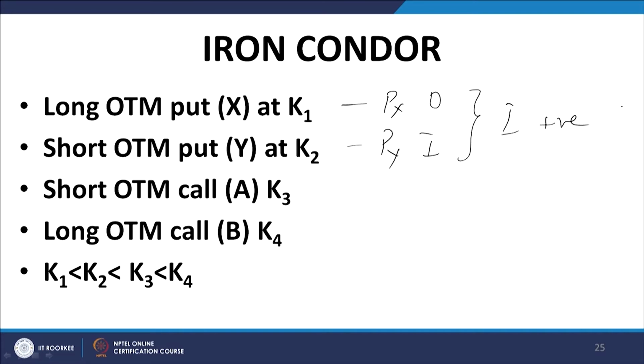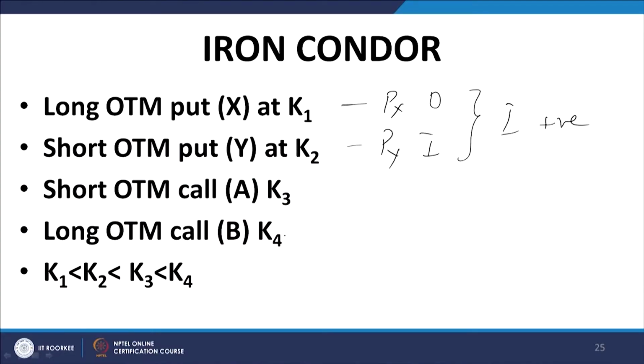Now let us look at the two calls. In the case of a call option, we said that call premia move opposite to the exercise price. Why? Call is the right to buy, so the lower the exercise price, the more valuable it is. So A is more valuable than B. Because you have shorted A, the inflow will be more, and because you have gone long B, you have paid less.